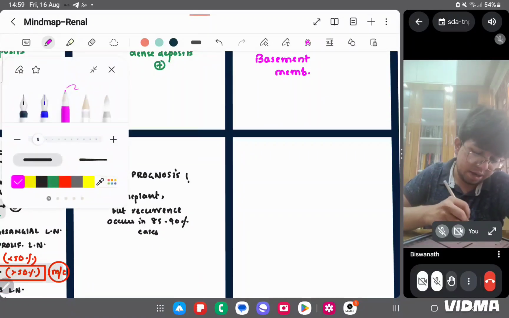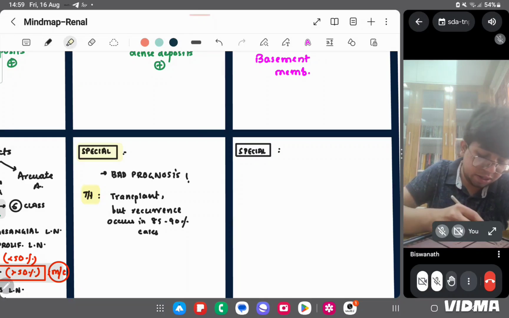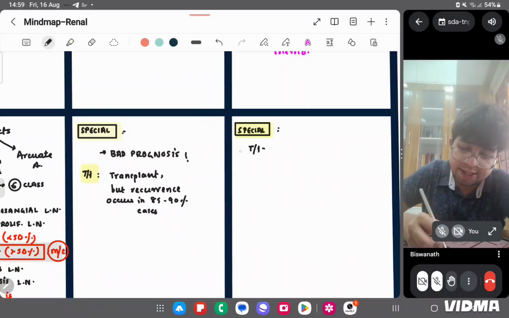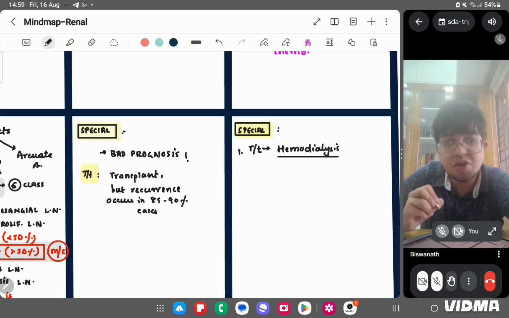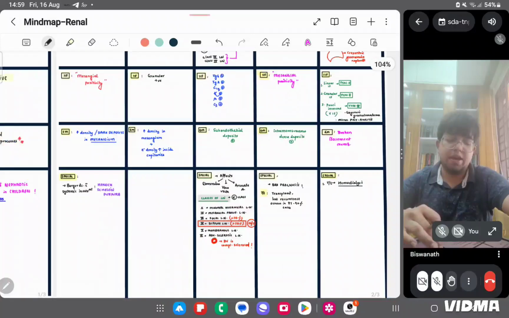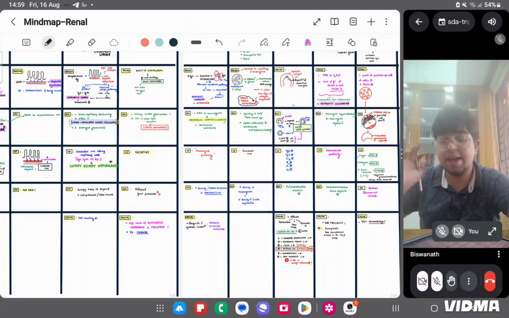And if I talk about some special points, the treatment is hemodialysis. First point, treatment is hemodialysis. Understood? Done? So that's all we have to understand.